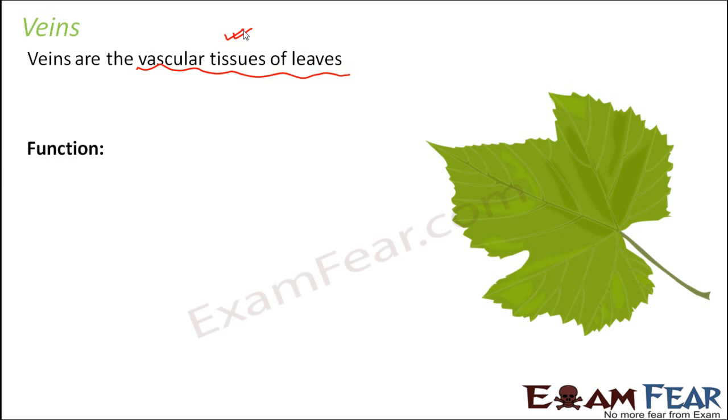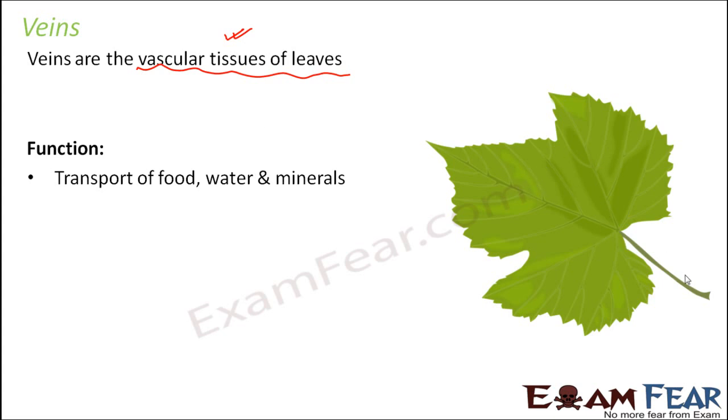Talking about the function of veins, they help in transporting food, water and minerals. As I told you, I gave you a comparison of the way arteries and veins are there in our body. Similarly, veins and veinlets are there on the leaf. So they help in transporting food, water and minerals to different parts of the leaf.